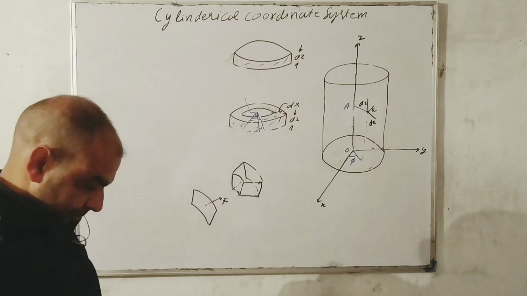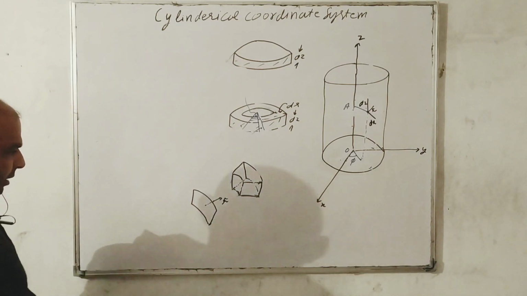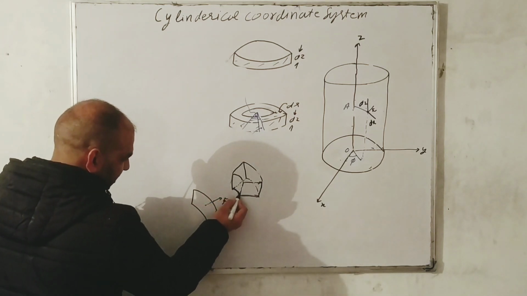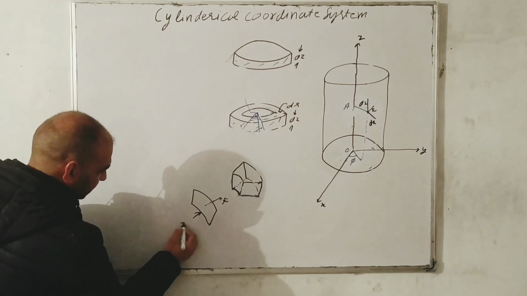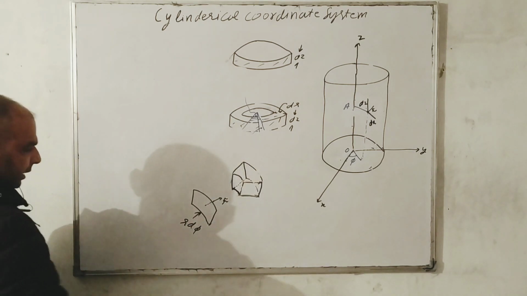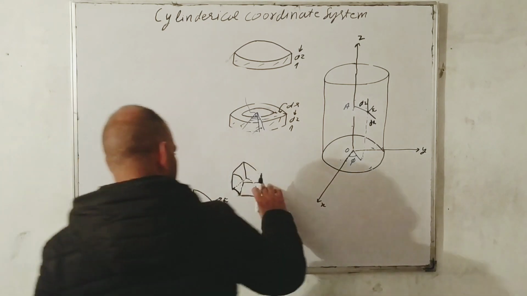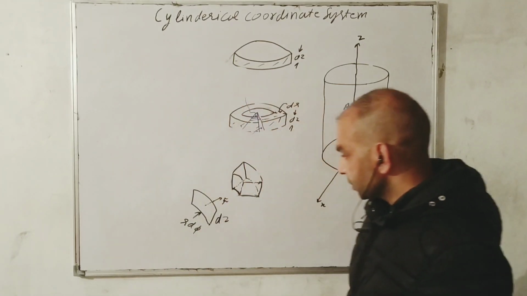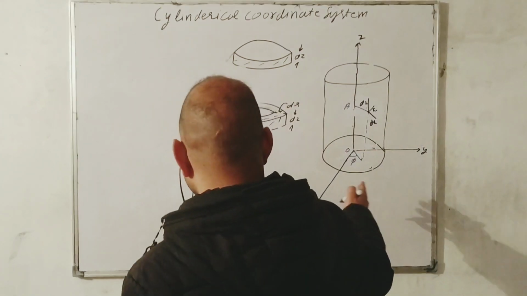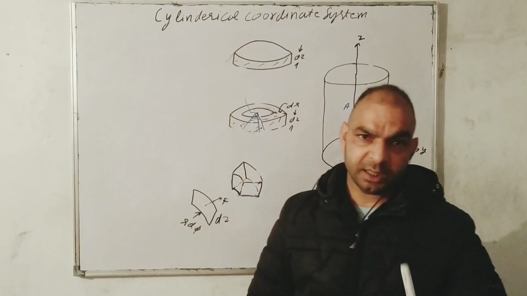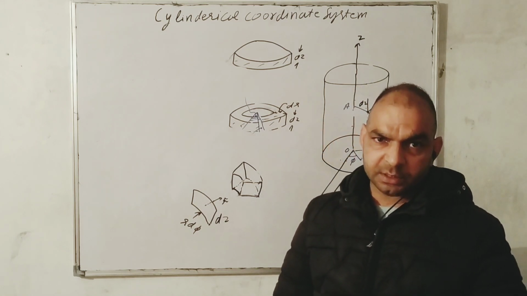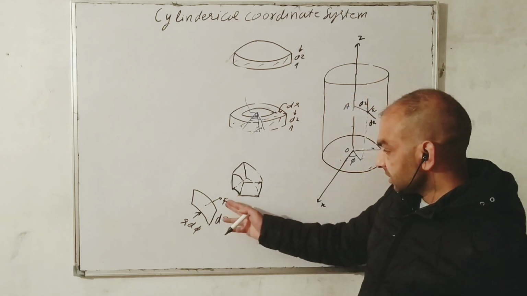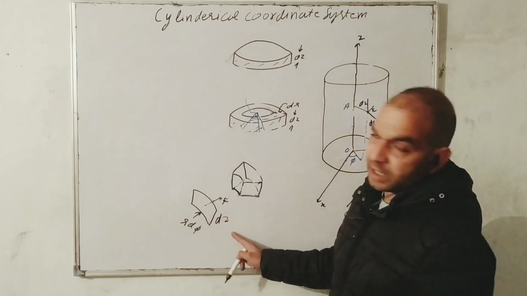But in which dimension? Suppose we are taking from here. This was r d phi, so I am writing r d phi, and the height of this is dz. So if we are taking the area element along the direction of r, it means it is perpendicular to the other two variables, phi and z.